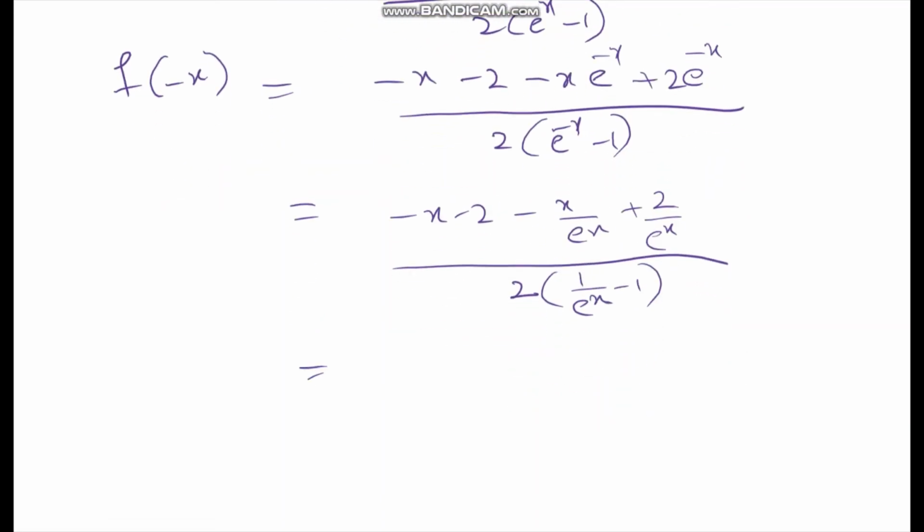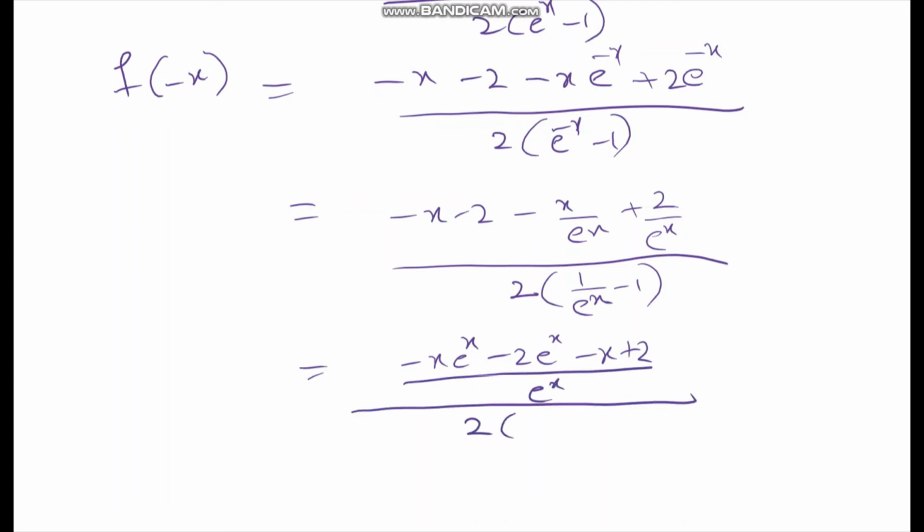This is equal to -x e^x minus 2e^x minus x plus 2 by e^x, whole divided by 2 into (1 minus e^x) by e^x.